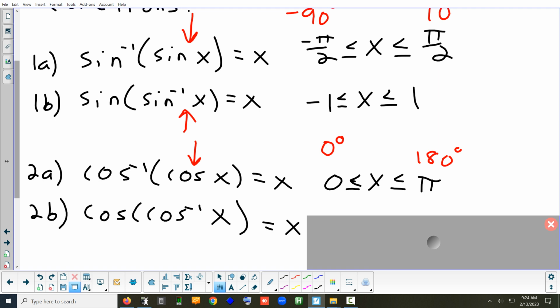Yep, 0. Well, that's exactly when this formula works. This formula works if you're trying to find an angle that's between 0 and 180, and that's exactly what happens in a triangle. So this formula is perfect for dealing with triangles.